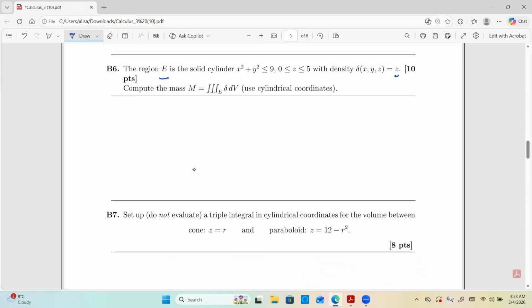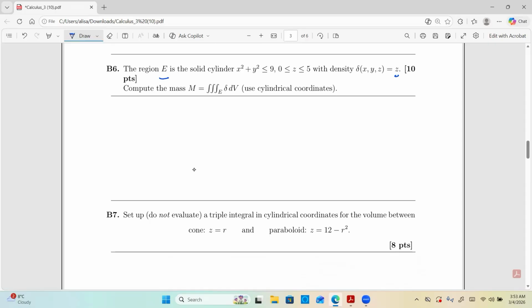So for every particle in E, you're assigning the mass based on the height. And then this integral is going to give you the sum over these masses, and hence it's going to give you the overall mass of the solid E.